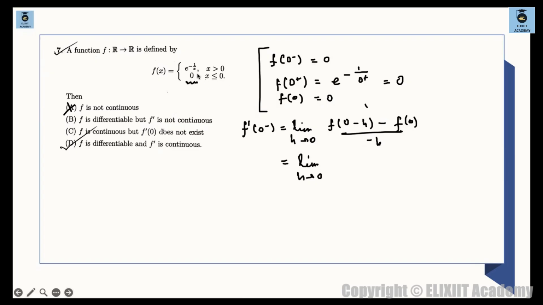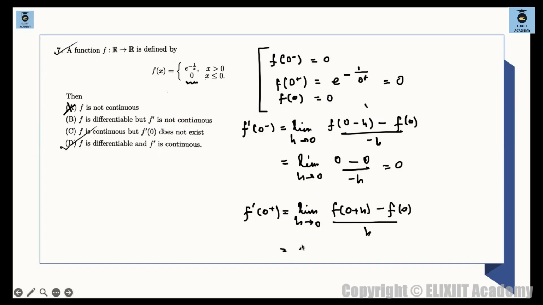So 0 minus f of 0, which is 0, divided by minus h. This is 0 only, so 0. f dash of 0 plus is the limit as h tends to 0 of f of 0 plus h minus f of 0, divided by h. So f of 0 plus h will be e raised to the power of minus 1 upon h, minus f of 0, which is 0 only, divided by h. This is what we are having.